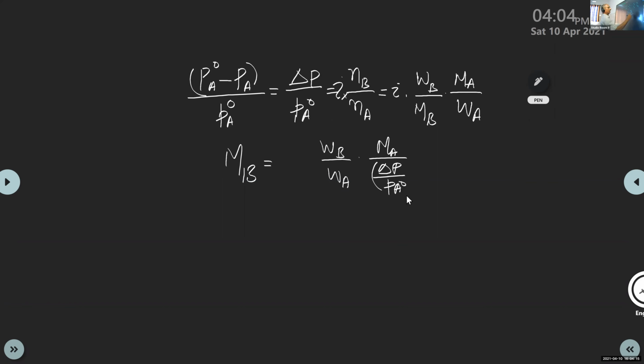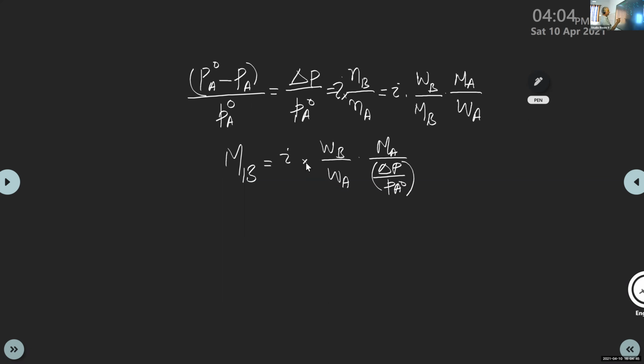That is the normal equation we have taken. This is multiplied by I. A correction is applied, so the equation is modified. For all the equations, the right hand side is multiplied by I. The colligative property, right hand side is multiplied by I. Molecular mass, right hand side is multiplied by I.